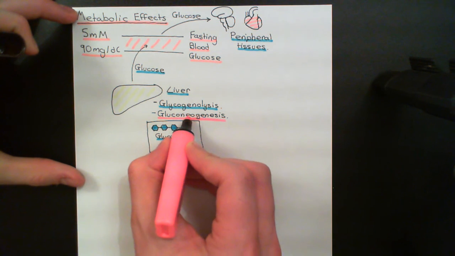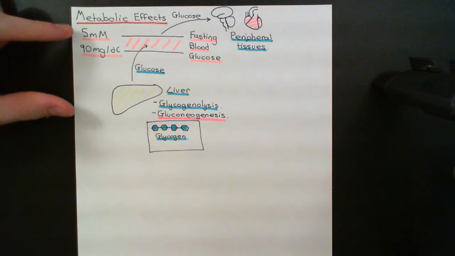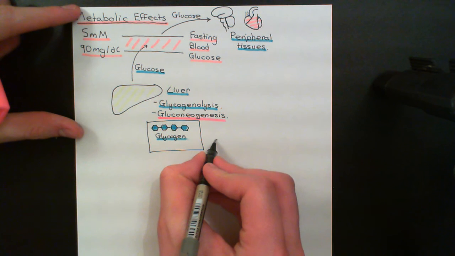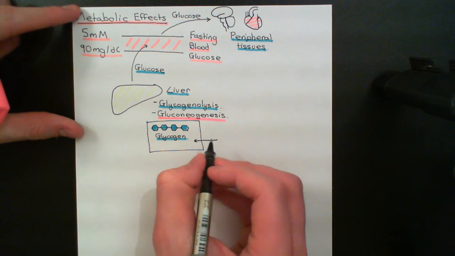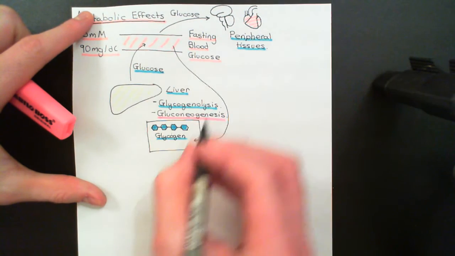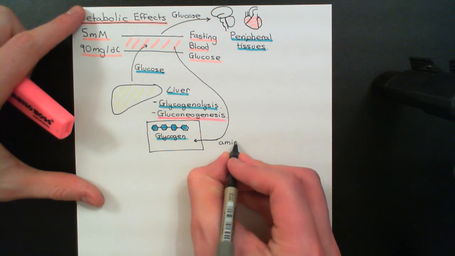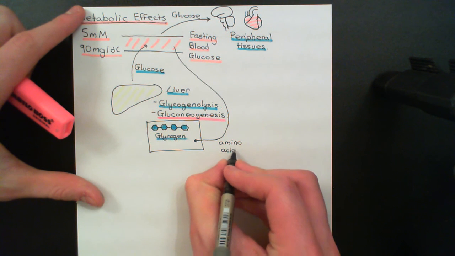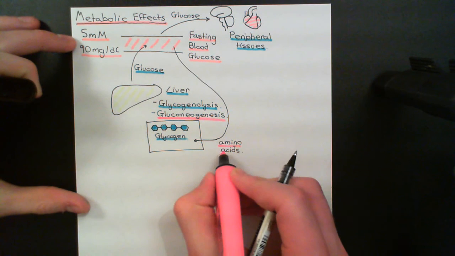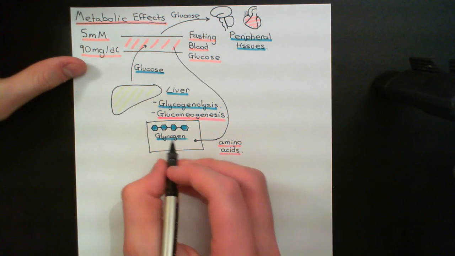Okay, and now what non-sugar molecules do you actually use to make the glucose then? Well, specifically you use amino acids, and I'll discuss where these amino acids are going to come from in just a moment. So hepatocytes can take amino acids out of the bloodstream. When they're trying to get glucose to put into the bloodstream, they can take amino acids out of the bloodstream, and of course amino acids are the components of proteins. They can then convert these amino acids into glucose.